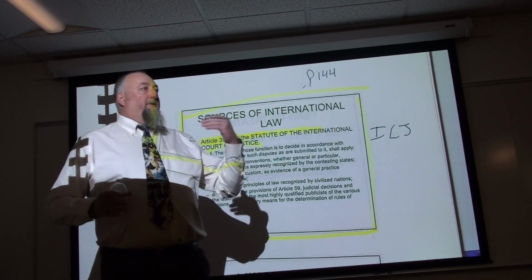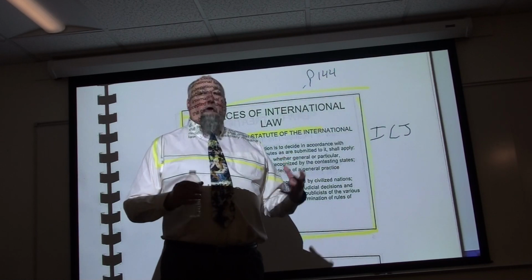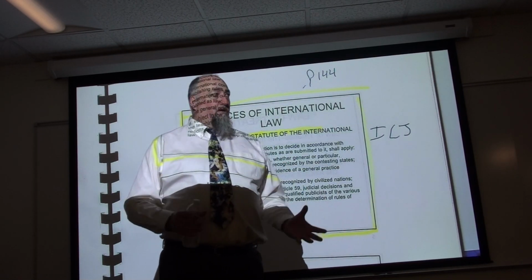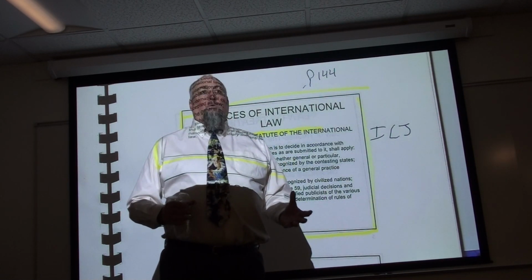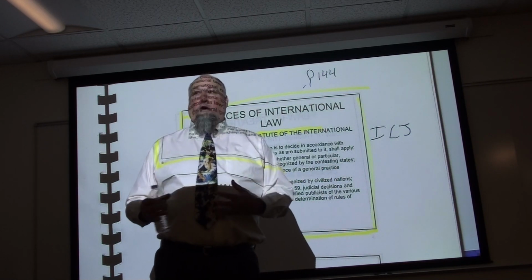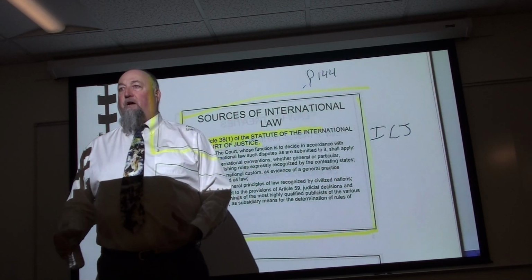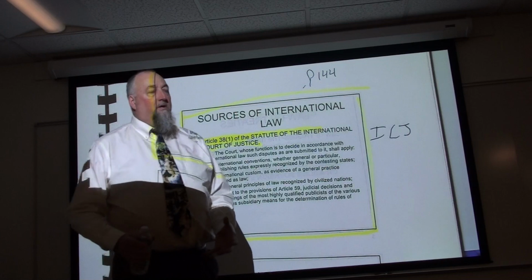There are some exceptions to that. But for the most part, that's an obligation of being a UN member, that you agree as a country to follow these court decisions issued by the International Court of Justice.